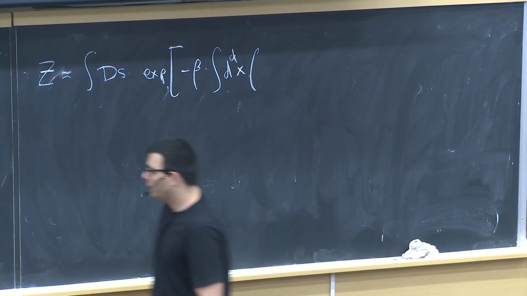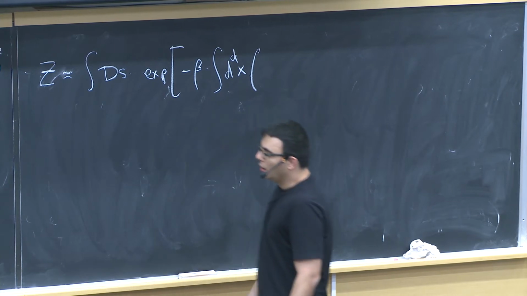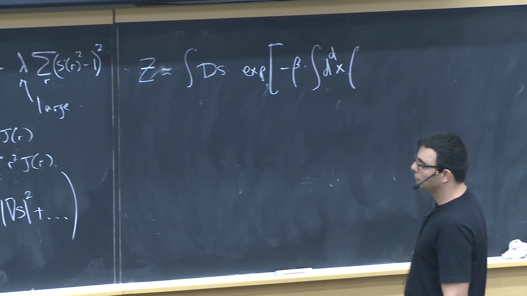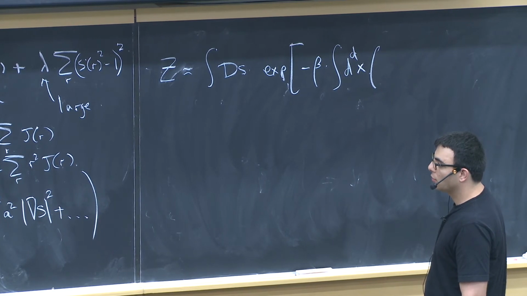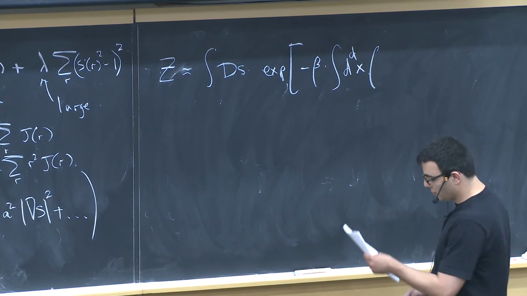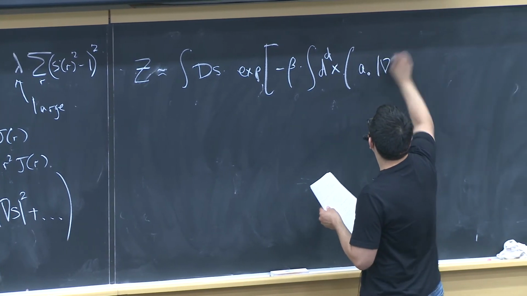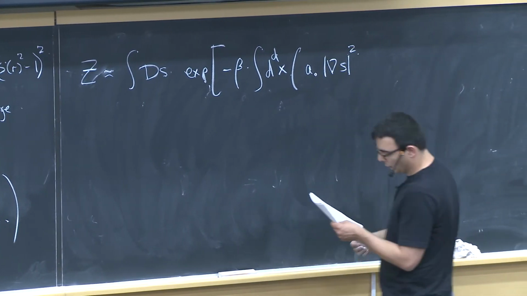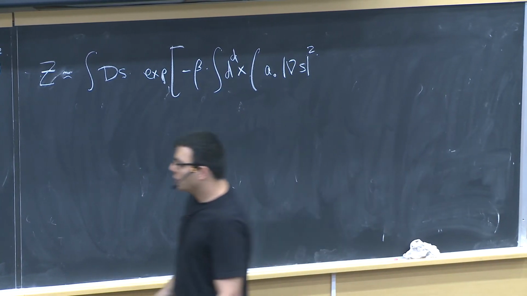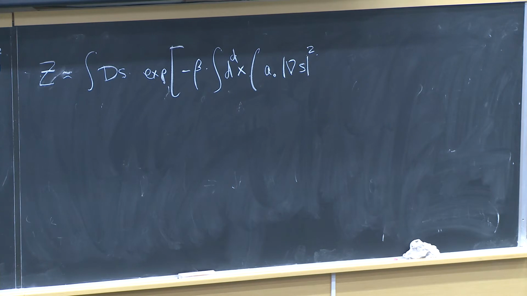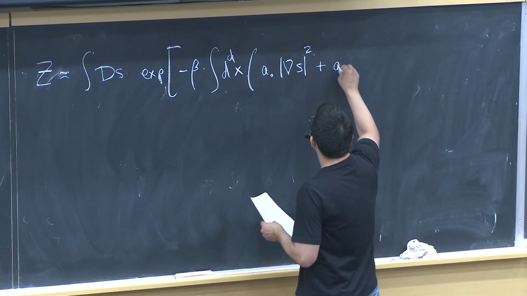Well, let me write down first this term that has the gradient of S. It comes with some coefficient A0 times the gradient of S squared. Not going to worry too much about it. Then I can write down the next term, this one. So this is some coefficient A1.